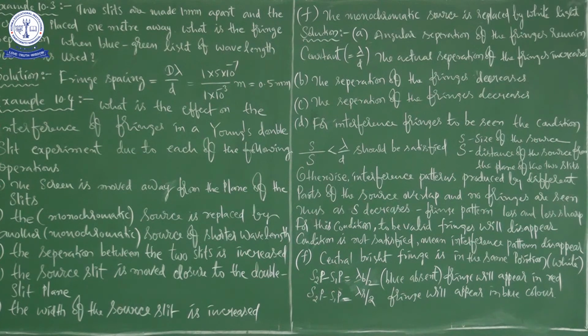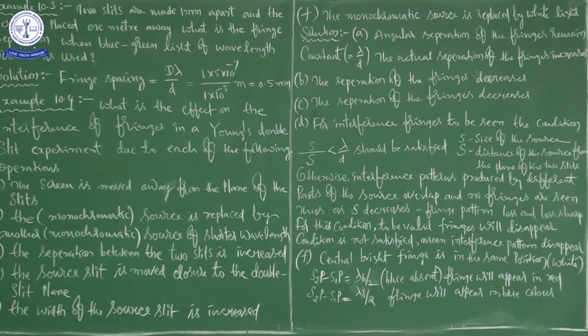For example, if capital S decreases, the interference pattern gets less and less sharp. When the source is brought too close for this condition to be valid, the fringes will disappear. But at the same time, the fringe separation remains fixed.